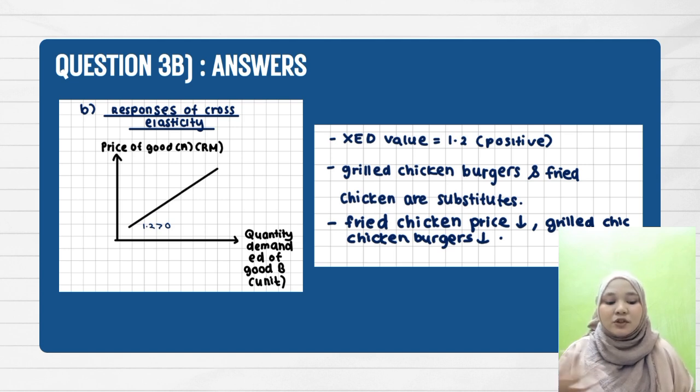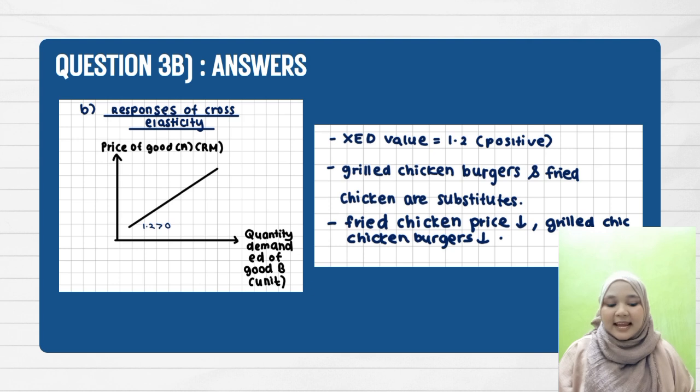So, since the two products are substitutes, the fast food chain should take action to attract customers back to grilled chicken burgers. One way is to lower the price of grilled chicken burgers to make them more competitive with fried chicken. Another option is to offer customers promotions or meal deals to encourage them to buy grilled chicken burgers.